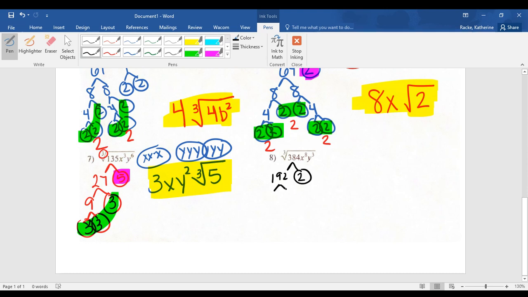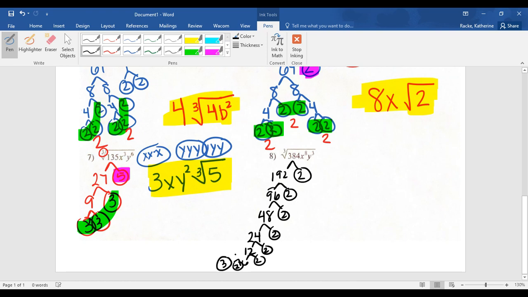So I know that 192 also goes into 2 by 96. 96 is also an even number to divide by 2, so 48 and 2. 48 breaks down into 24 and 2. 24 breaks down into 12 and 2. 12 breaks down into 6 and 2. And 6 breaks down into 3 and 2. And then we are done with it there.